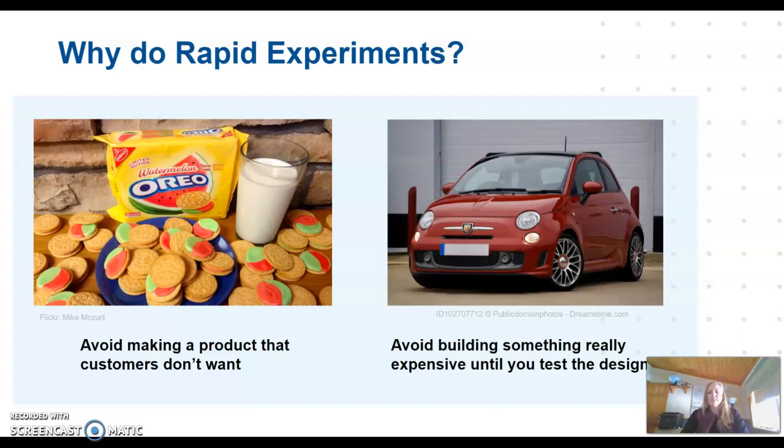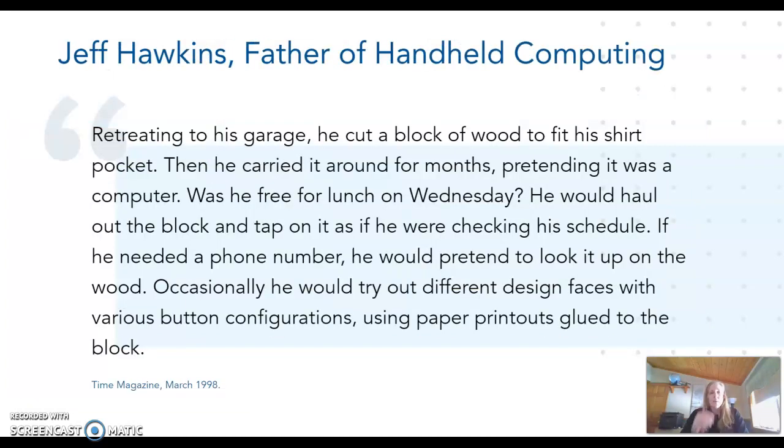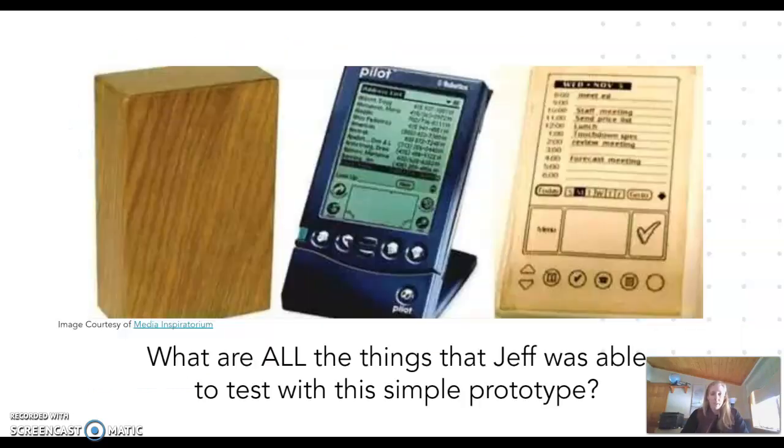We want to avoid building something that's expensive until you test the design first. For example, the smartphones that we all have, they evolved from something called a BlackBerry. And the first person creating Blackberries and Palm Pilots started prototyping them in a couple different ways.